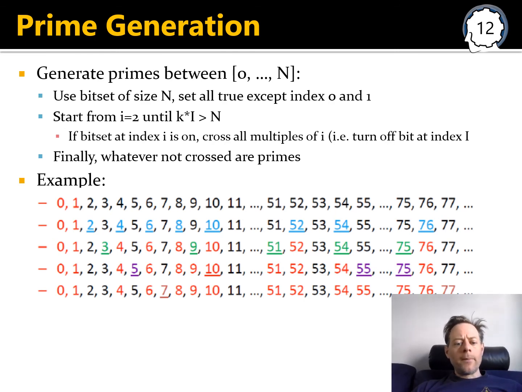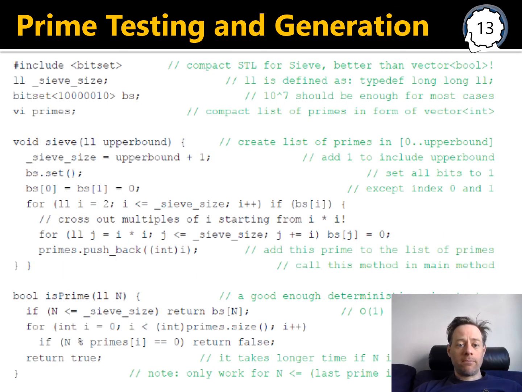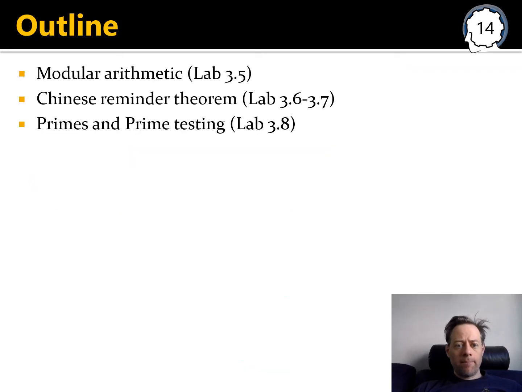And then we come to the next, which is 5, because 4 is already crossed out. So that means that 5 is the next lowest prime number. And then we basically continue like this. And this is called the sieve of Eratosthenes. And it's actually a very efficient way of calculating prime numbers. So here is just some code for doing this.